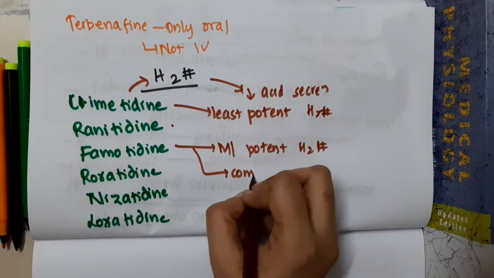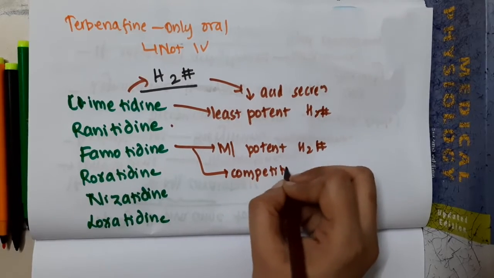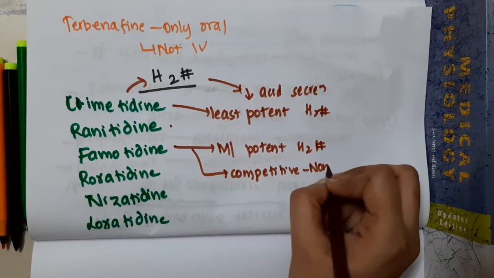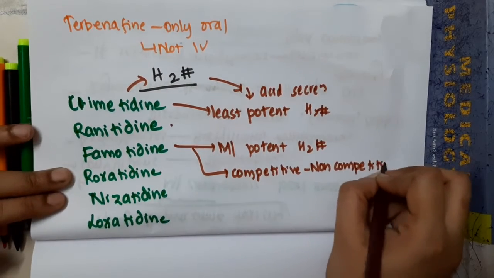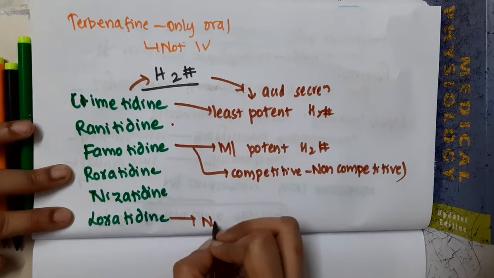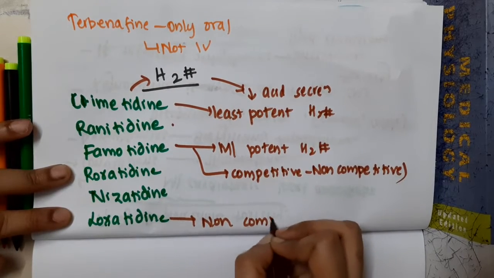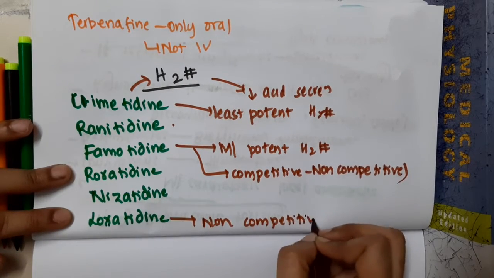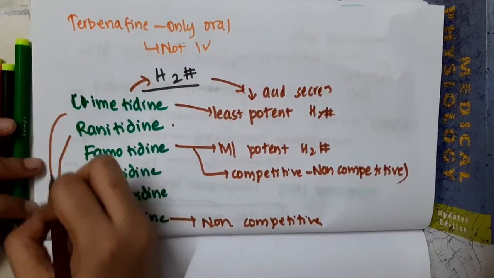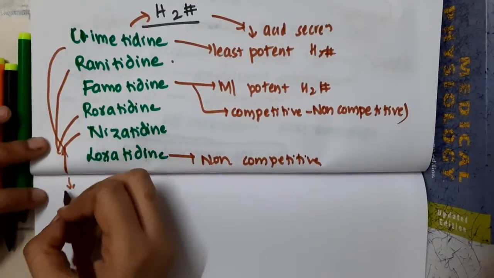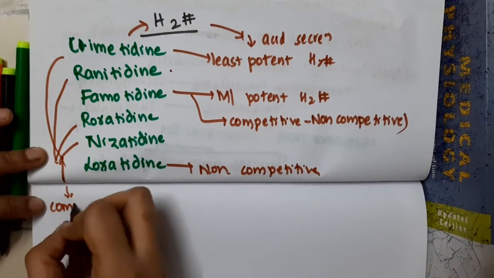Famotidine is a competitive H2 blocker, whereas loxatidine is a non-competitive H2 blocker, whereas the rest, roxatidine, nizatidine, ranitidine, and cimetidine, are all competitive H2 blockers.